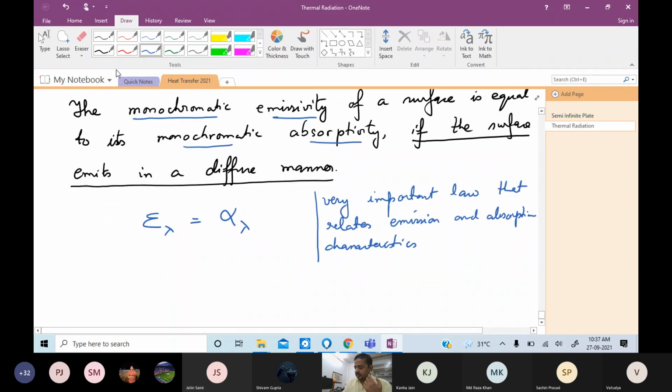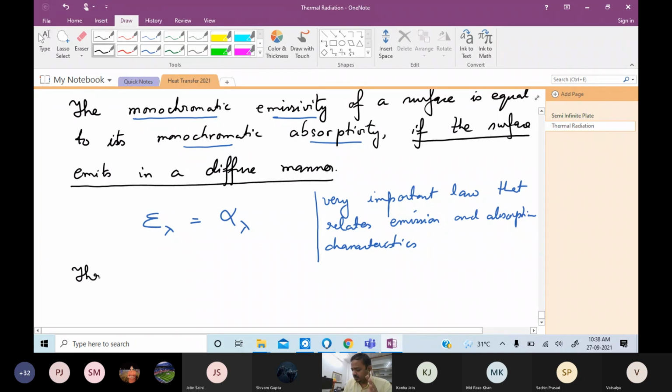Now, how did we define a gray surface? We said that a gray surface is one where we can neglect the variation of emissivity with wavelength and take a mean value and apply it across all wavelengths.